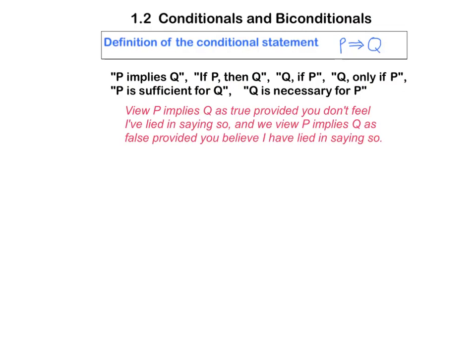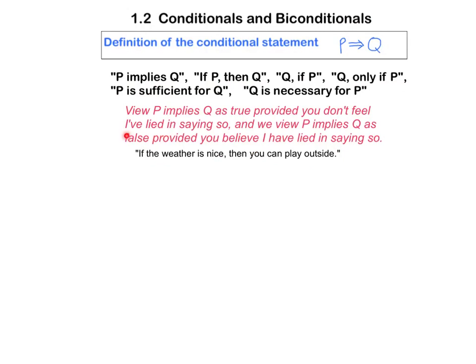Let's investigate with a particular example. So consider the statement, if the weather is nice, then you can play outside. So this is a conditional statement, P implies Q, in which P is the weather is nice and Q is you can play outside.